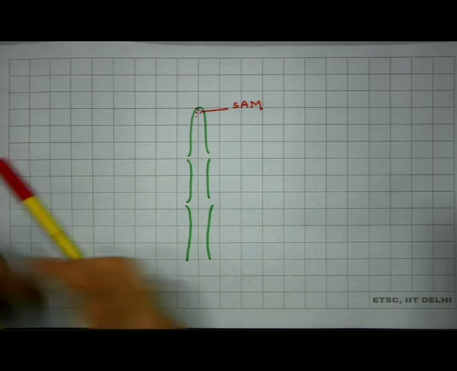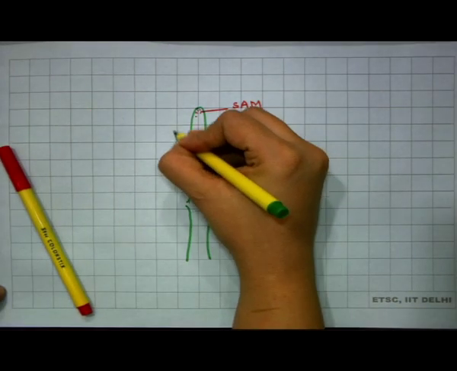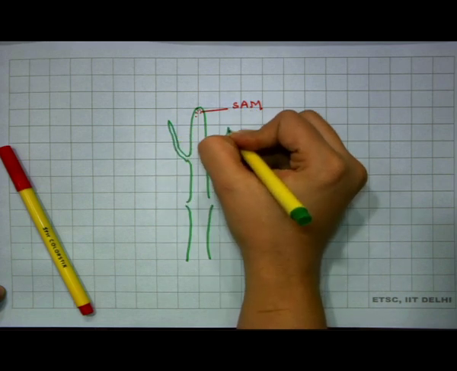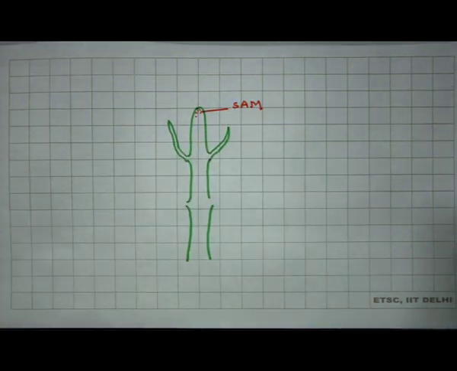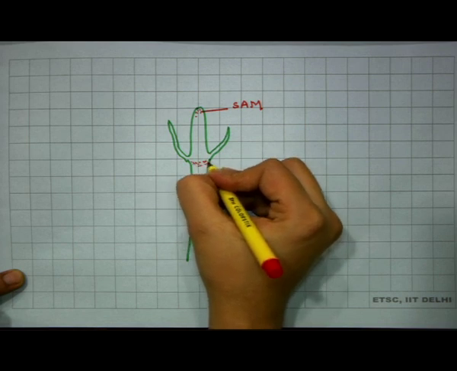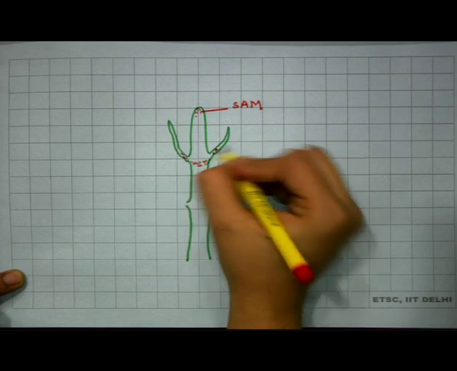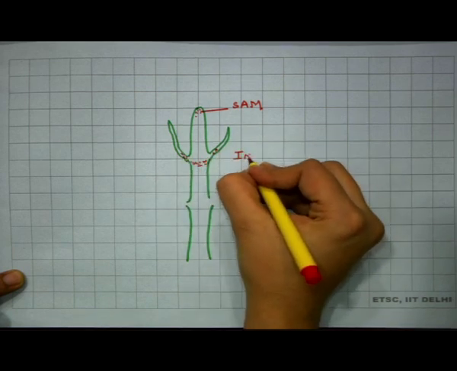Then there are the nodes, and from nodes arise the leaves or branches, and intercalary meristem is present at the bases of these nodes or even in the leaf sheaths, but only in monocots. So, this will be intercalary meristem.